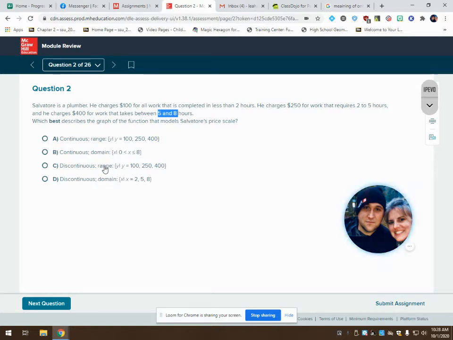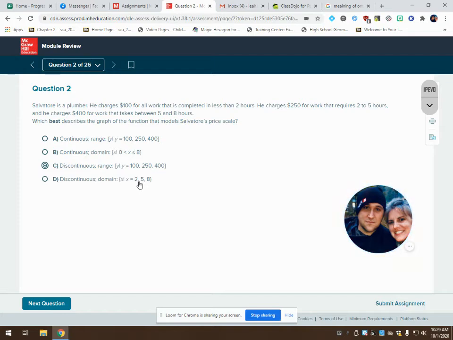And so then the range would be, what are my values for my range, my y values? Well, we can see that the range is 100, 250, and 400. So it appears that this is a possibility. And then this one says my domain is x such that x equals 2, 5, and 8.